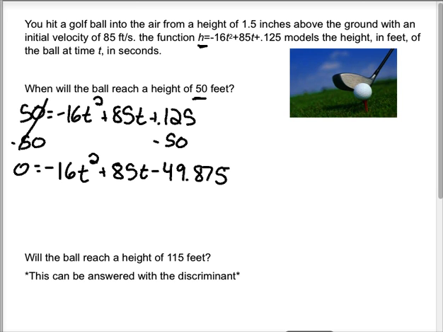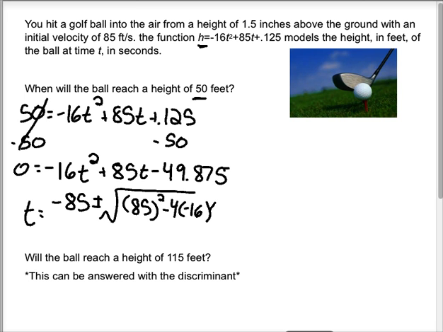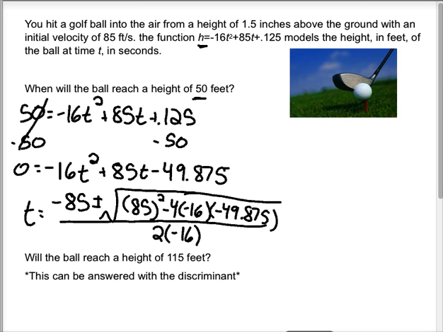So there's a quadratic that I need to now solve. So I'm going to set up my quadratic formula. Negative b plus or minus the square root of b squared minus 4 times a times c all over 2 times a.